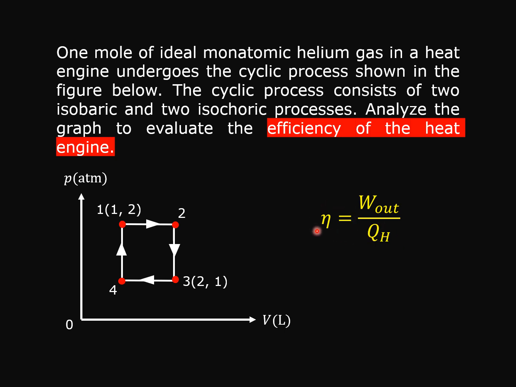That means to find the value of eta, we need to analyze the output work for this cyclic process, and also we need to know for the 2 isobaric and 2 isochoric processes, which ones have heat flowing into the system. Those flowing into the system, after we sum them up, will give us QH. So now we need to analyze these two quantities separately in order to find the efficiency of the heat engine.